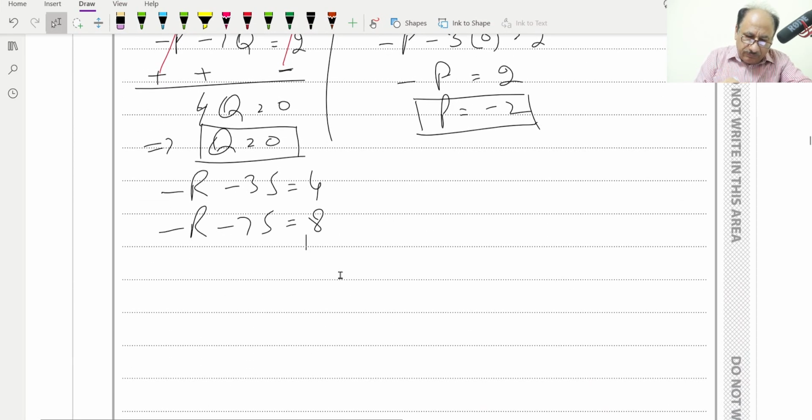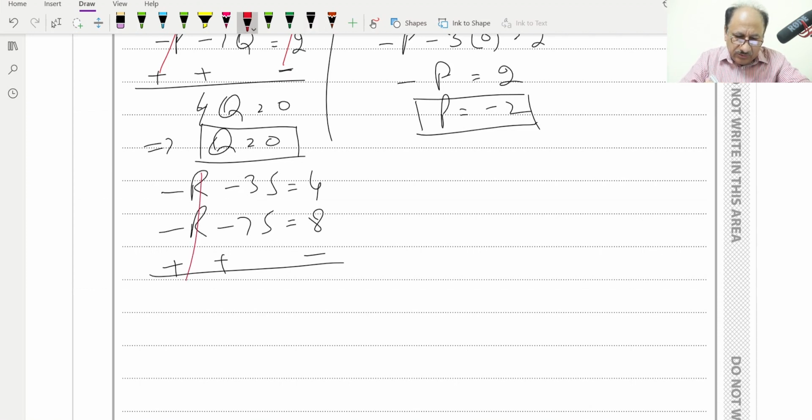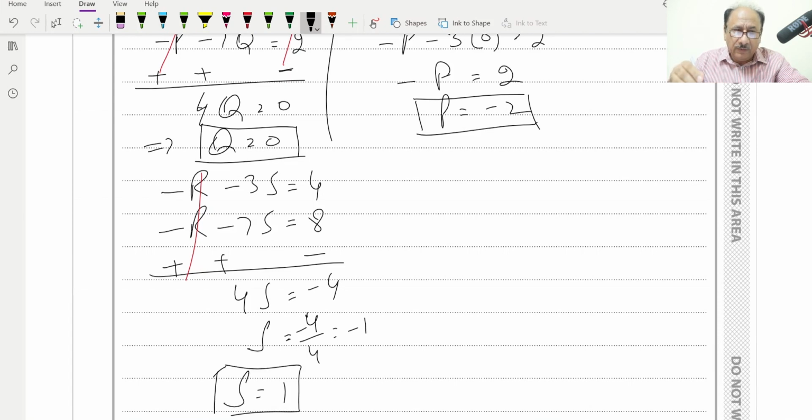This will be subtraction again, so changing signs, and r will be cancelled, and rest we can simplify. 4s is equal to minus 4, so s is equal to minus 4 over 4, which is equal to minus 1. So s value is equal to minus 1.